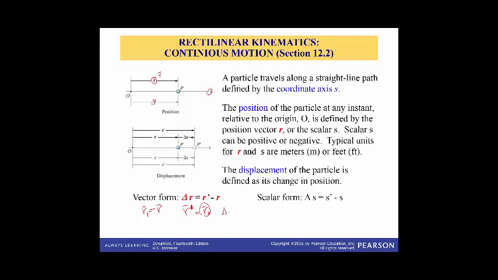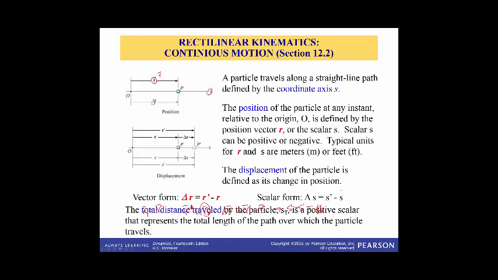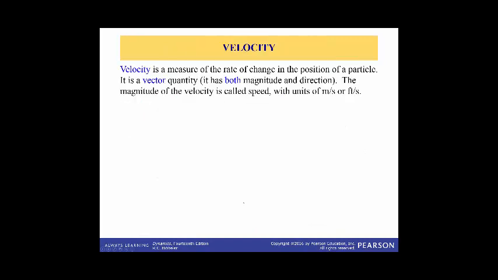So the change in the vector position, or the change in distance, is r prime minus r. If we're in a scalar form, it's s prime minus s would be that distance difference. Okay, so that's the displacement. So the total distance traveled by the particle is the positive scalar amount that represents the total length of the path. So this is important. We'll see some examples in a moment.